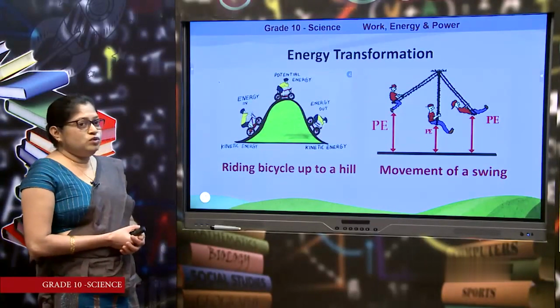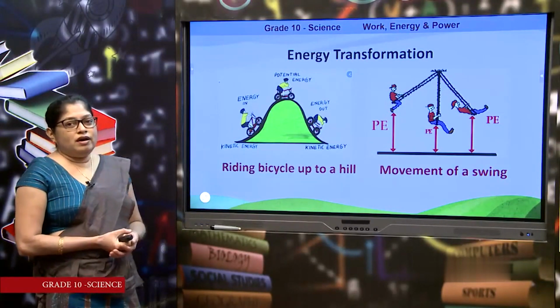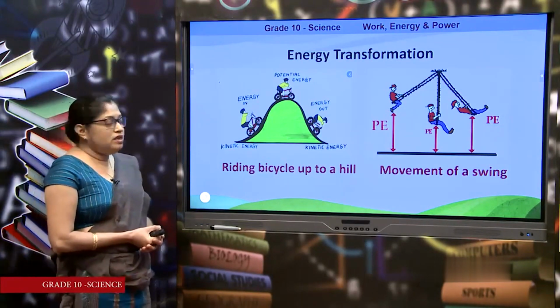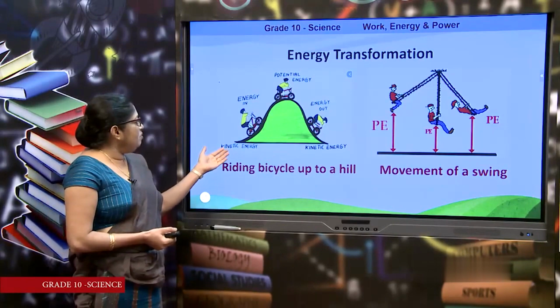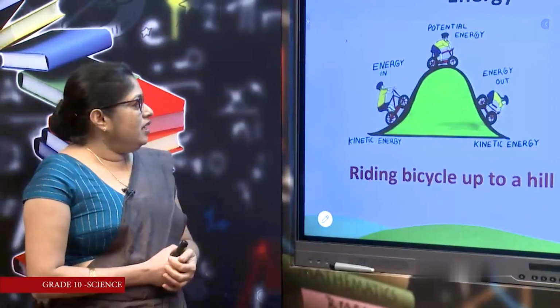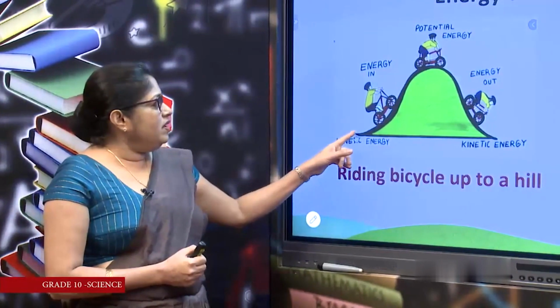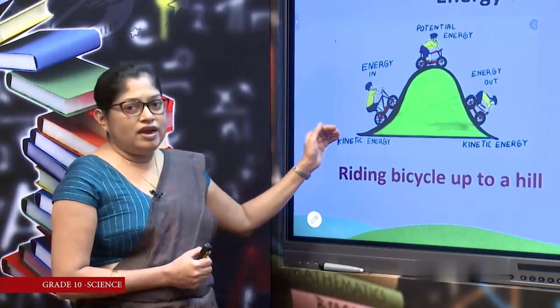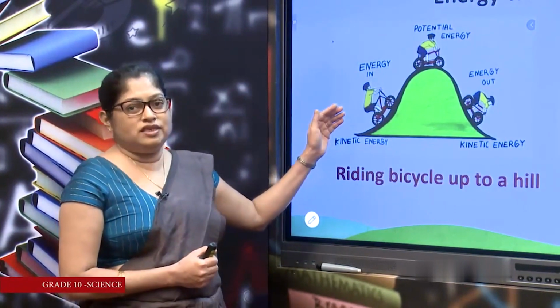So, let us do some more examples for energy transformations. In this first picture, you can see a boy riding a bicycle. He came riding the bicycle to the bottom of the mountain and now he is climbing up, riding the bicycle up the mountain. Here at this level he has kinetic energy because he is riding the bicycle. He has a certain velocity.